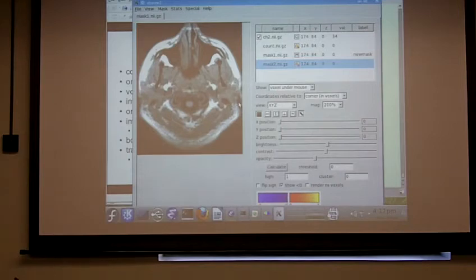Oh, so the colin brain, actually I'm assuming this version is flipped, so actually left is right. So even though the image is stored as RPI, when we go to the leftmost voxel, we're actually seeing the rightmost part of this person's brain.